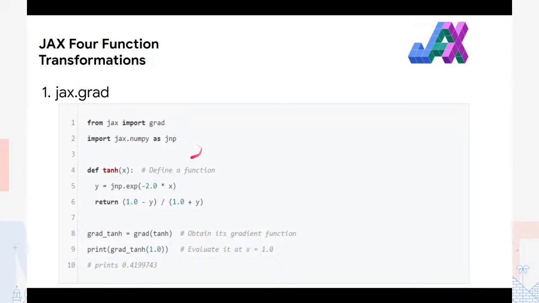Here we have a code snippet with a simple example of how to call this gradient function. First of all, we import the needed libraries. We have JAX, and we can import grad from JAX. JAX is a big library or framework, and it contains modules such as grad.